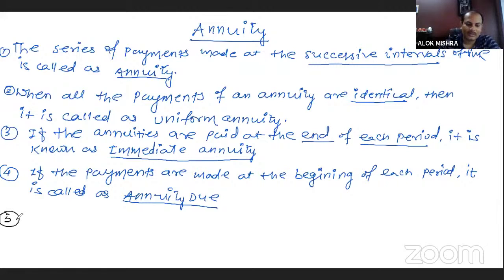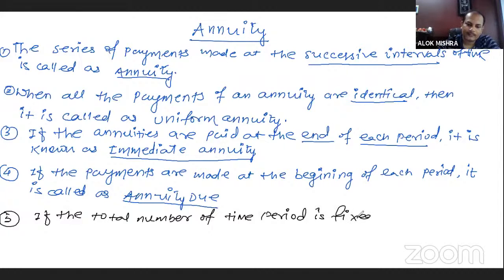So with respect to that, if the total number of time period is fixed, it is known as annuity certain.